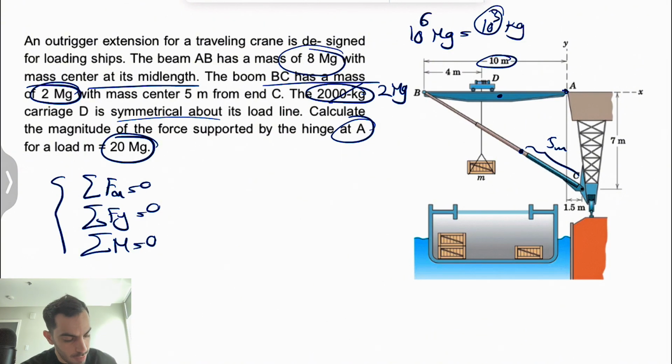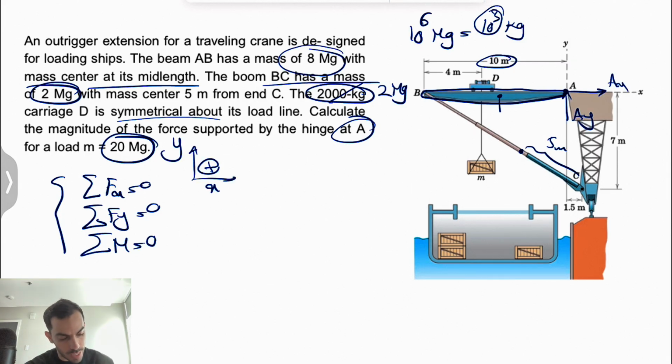At point A, we have a hinge or a pin, which means we have two components, Ax and Ay. We can show our X and Y axes here. We're going to have the weight of the beam, which from the question we know is 8 megagrams. Weight is equal to mass times acceleration of gravity, and our g here would be 9.81 meters per square second.